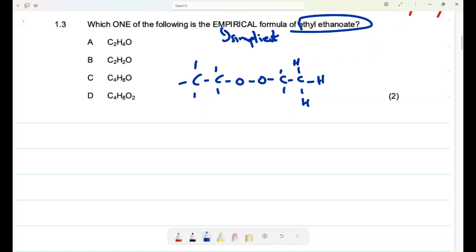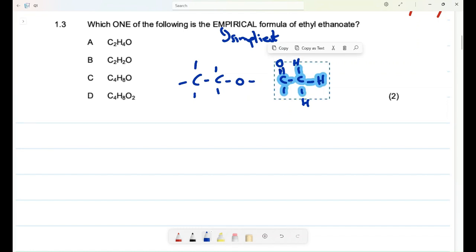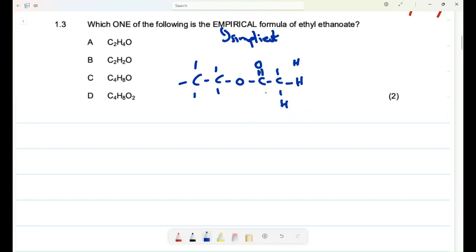Ethyl ethanoate, this is the ester. Is it the double bond here? Then let me do this. I think it's like this, if I'm not mistaken. Yeah, I think it's like this. But now the important part is that can you see that we have four carbons actually?